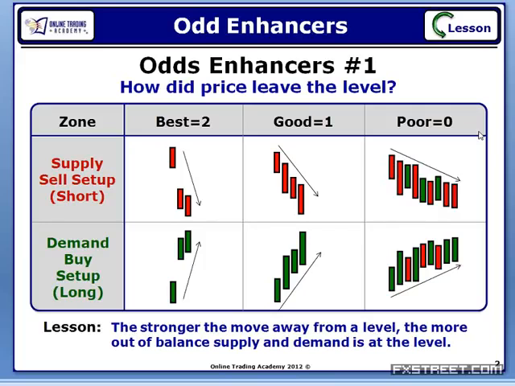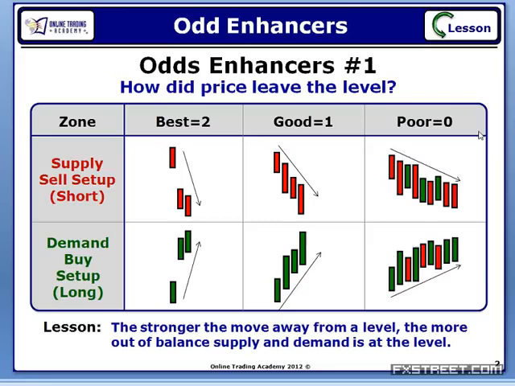So number one, how did price leave the level? Now, with odds enhancers, we come up with a nice probability score. I guess a pilot, based on their entire checklist, which probably includes the flight plan and information from planes in front of them on whether the air is choppy or not, once that whole checklist and plan is done, could probably pretty accurately predict whether it's going to be a smooth flight or a bumpy flight.